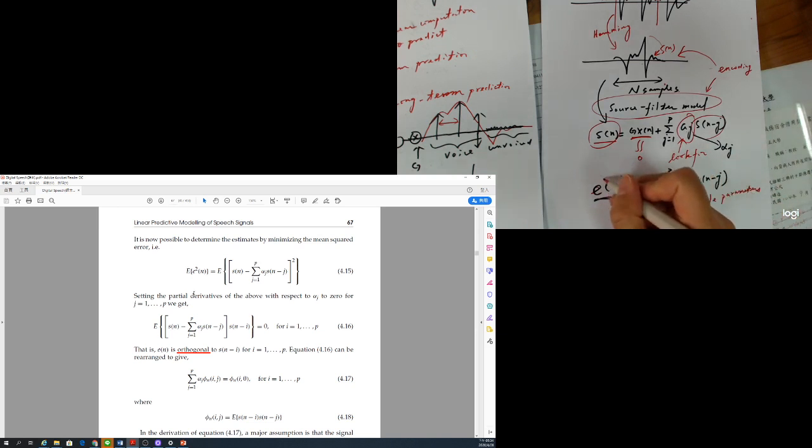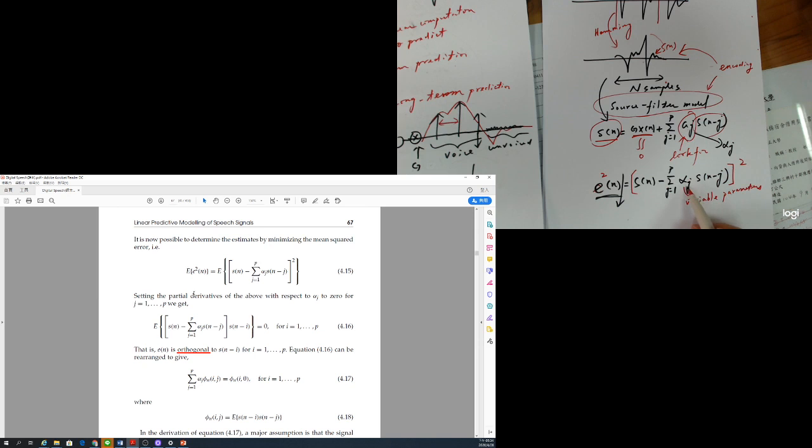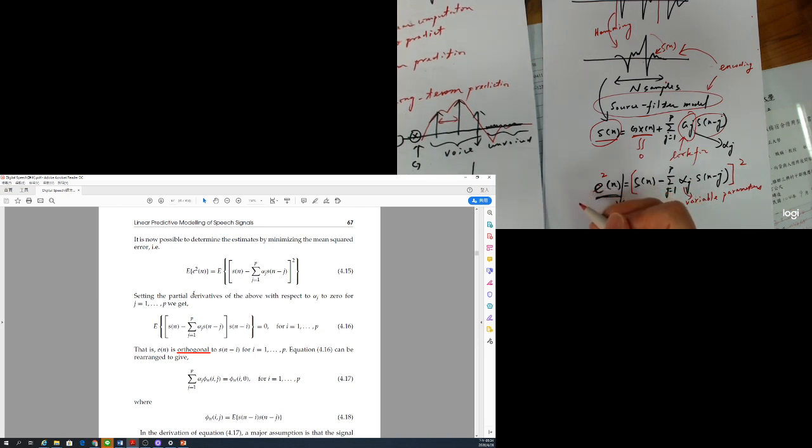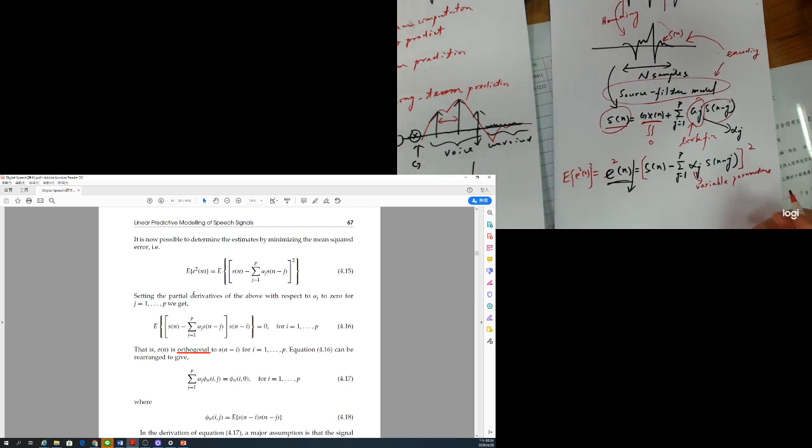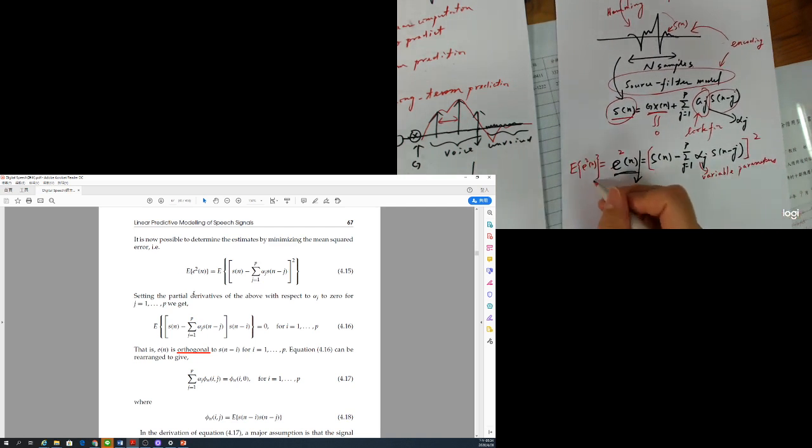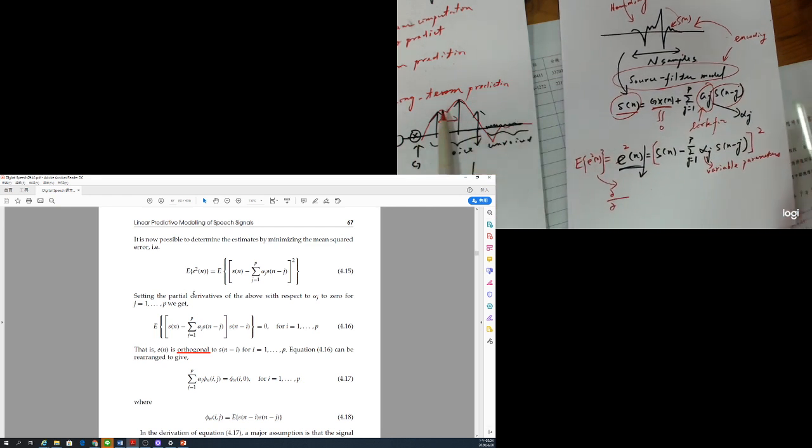Since we don't know which is bigger, we make it squared, E squared of n. Because these are our variables, we can do the partial derivative.